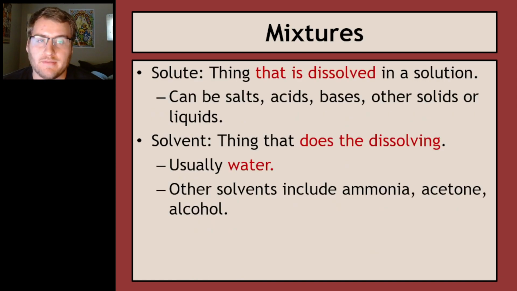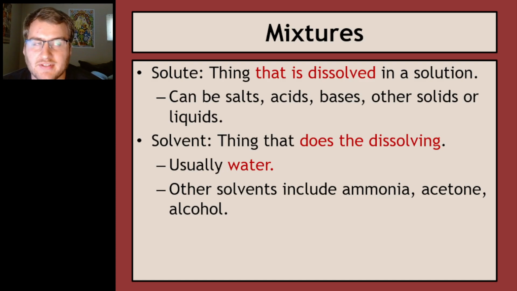Now just a bit of review. The solute you'll see written is the thing that you are dissolving, the thing that is being dissolved. For us, this could be all sorts of different things. Salts, acids, bases, other solids and liquids can sometimes dissolve as well. And these things will always be marked in a chemical reaction with their state of matter symbol as well. Solvents are the things that do the dissolving. Unless stated otherwise, it's almost always water, but there are other ones as well.